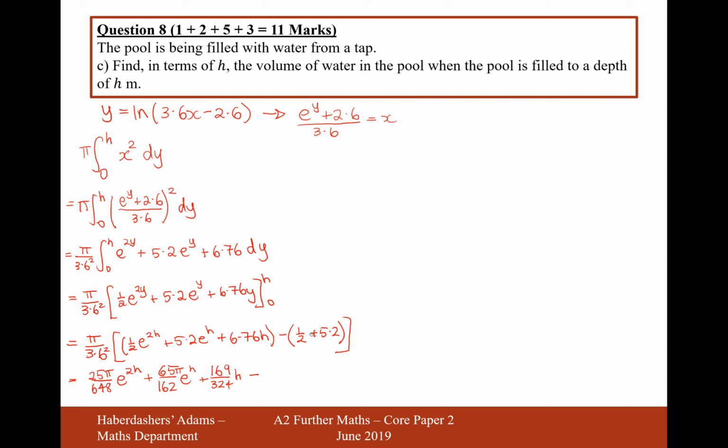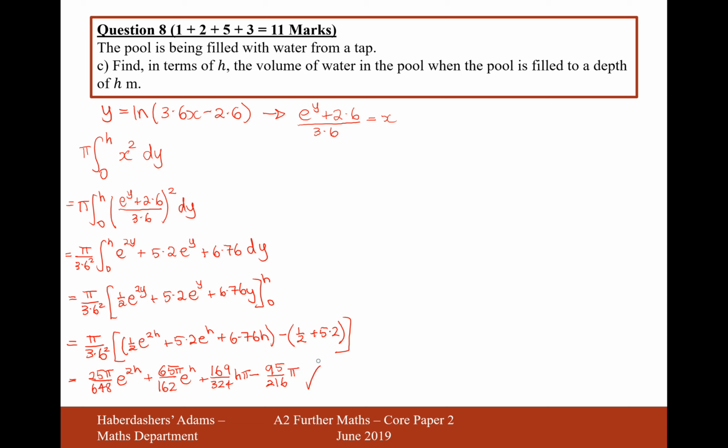So now we'll have to do 0.5 add 5.2, and then divide that by 3.6 squared. And that will give us minus, oh whoops, I missed the pi on that bit as well, minus 95 over 216 pi.